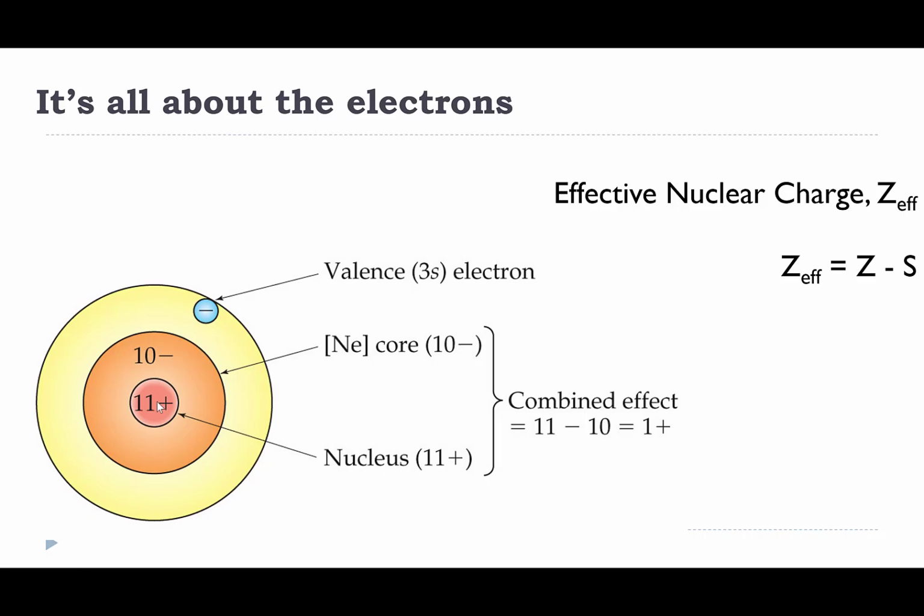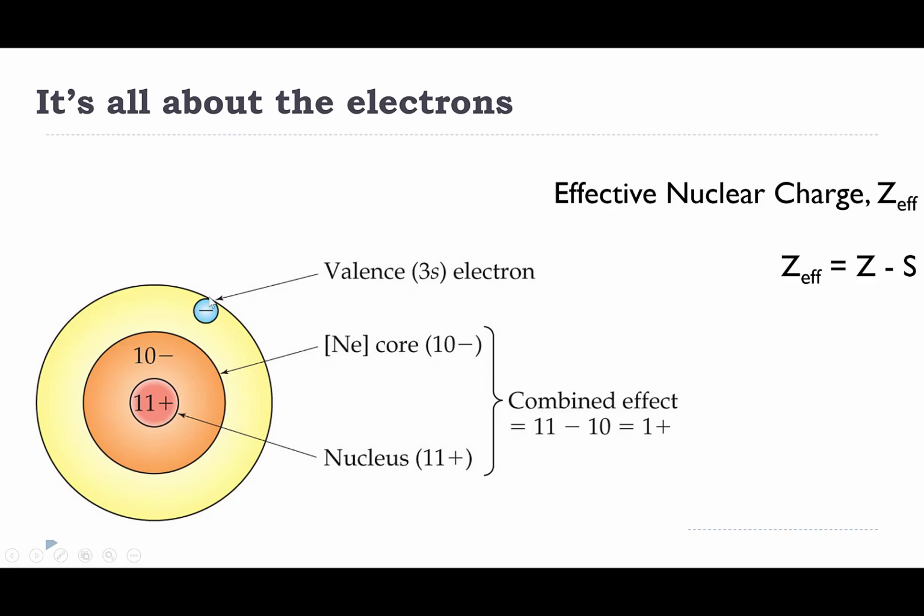It has 11 protons in its nucleus. If we look at its valence electrons, sodium has 1 valence electron. So it has 1 electron in that valence shell, and 10 core electrons. We're looking at the interaction between these 11 protons in the nucleus and this 1 electron in the valence shell.